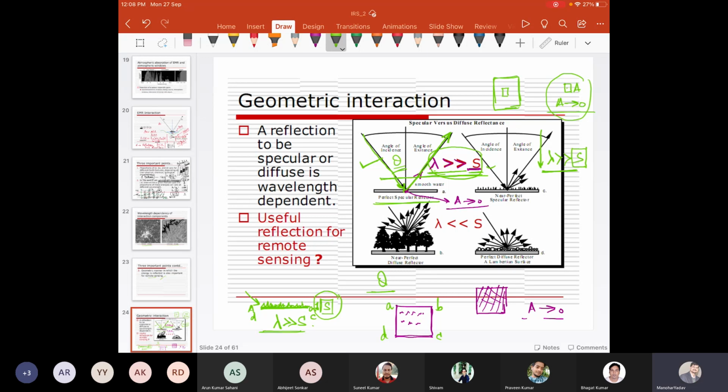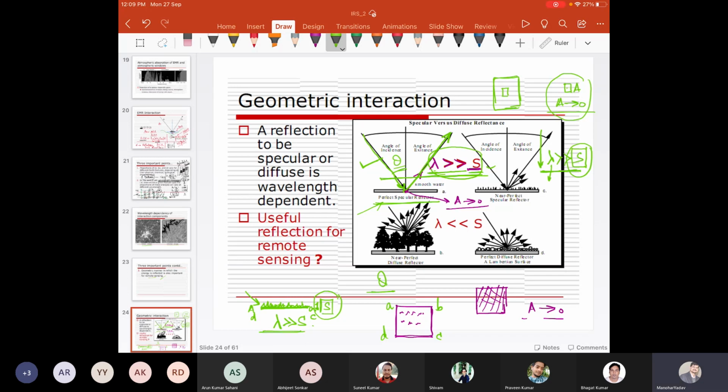If you keep on decreasing the wavelength, what will happen? Previously, the surface with surface roughness S behaved like a perfect specular reflector.